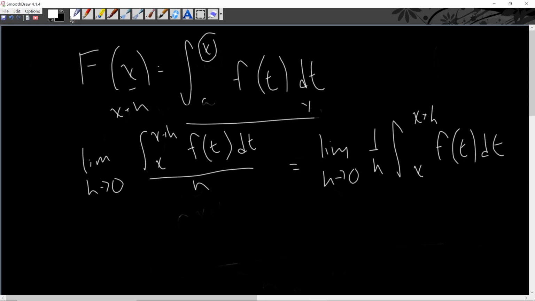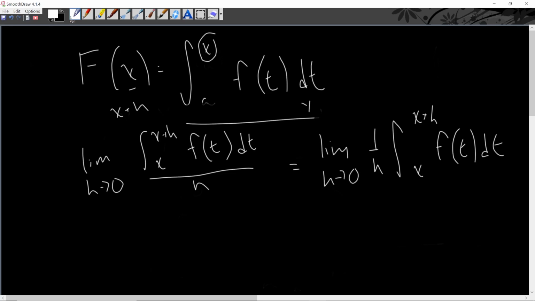And now I'm going to use something that we might have seen before. I'm not sure if I actually talked about this in my derivatives video. I might need to talk about this in my derivatives video because this is particularly important for calculus students.